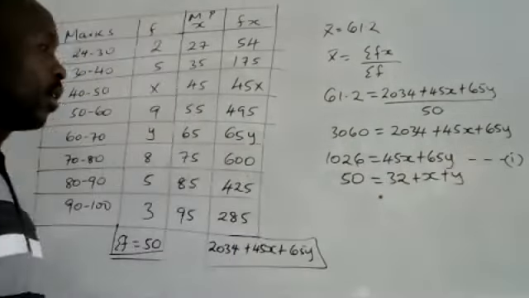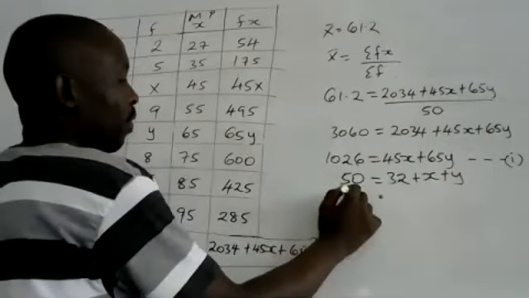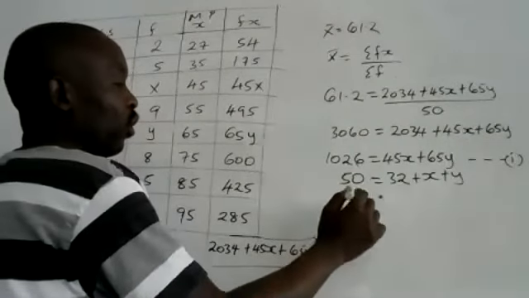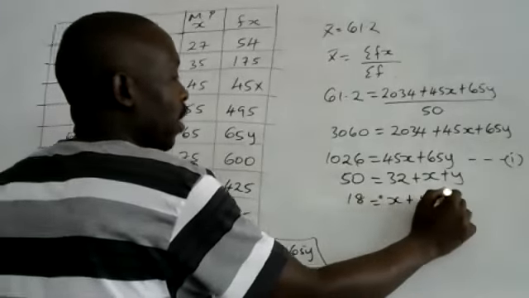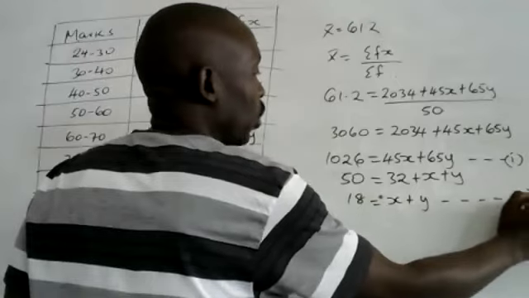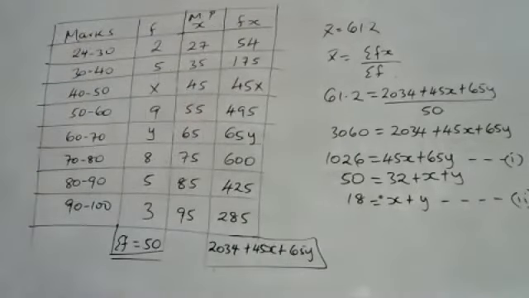So, therefore, 50 minus 32, which is 18, is equal to x plus y, and that is our equation 2. So those two equations can now be solved simultaneously.